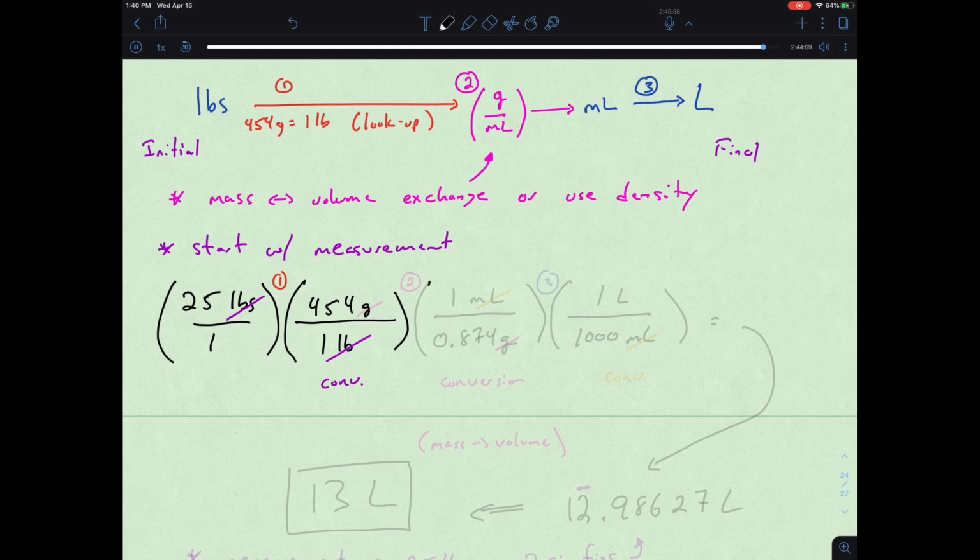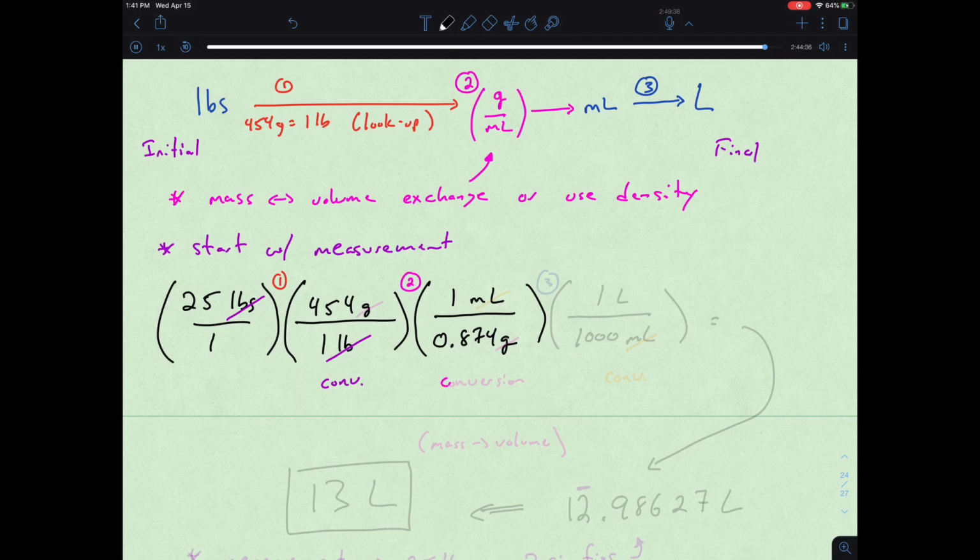We then go to the second step, which is now using density in such a way so that we convert from the mass unit to the volume unit. So we would want to have our 0.874 grams in the denominator and our milliliter.